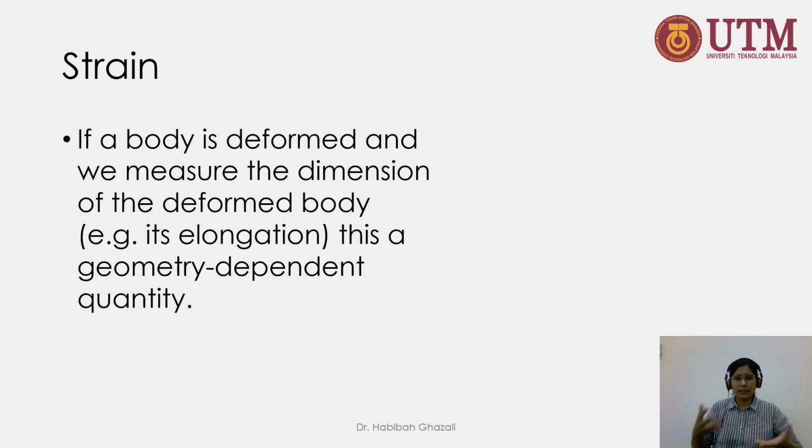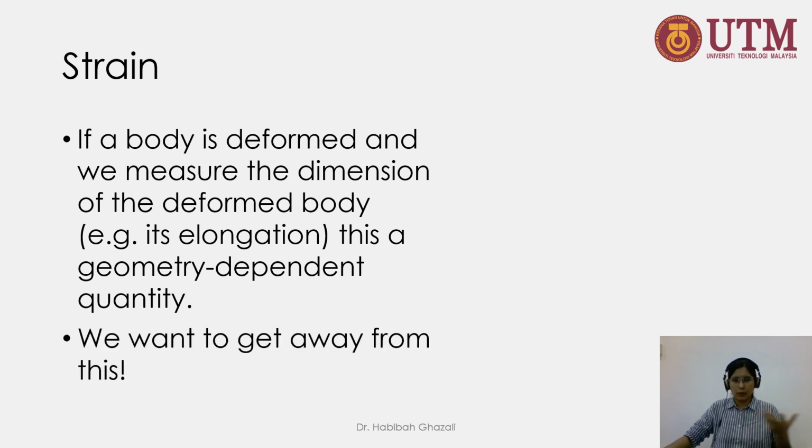So that is strain. So why do we need to specify strain instead of just specifying the change in elongation? A body that is deformed, if we measure the dimension of the deformed body, this is a very geometry dependent quantity. So we want to get away from it.